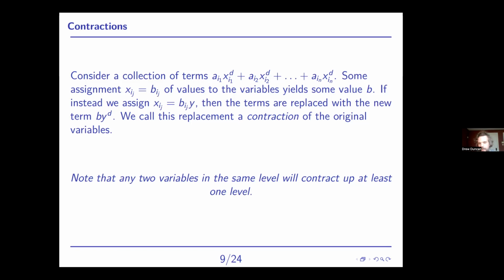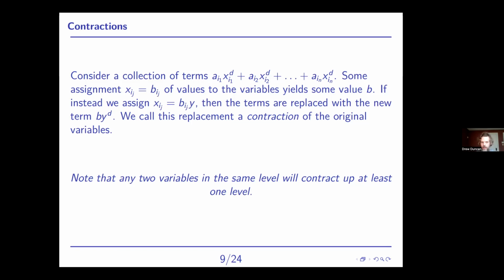And because of this, this process is referred to as contraction. Now, one simple observation to make is that when we perform this contraction, the level that this new variable will be in will be at least as high as the lowest level of any variable that was used in the contraction, right?